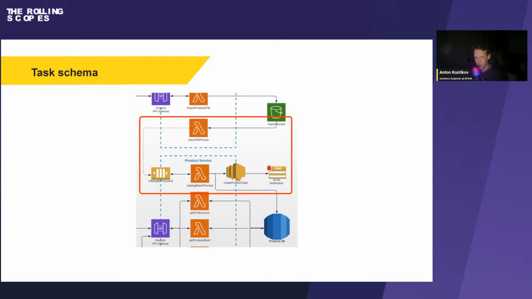Then we will process it and do everything we need to do with this exact product. So in other words, we will separate a huge CSV file and process it line by line using the SQS queue.